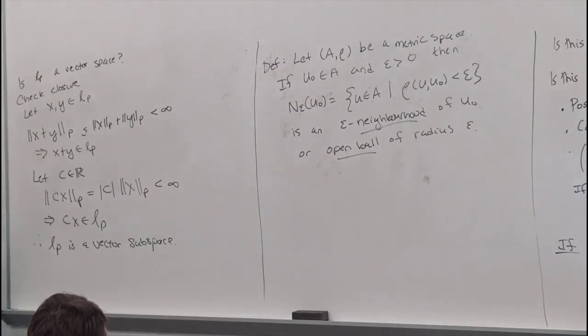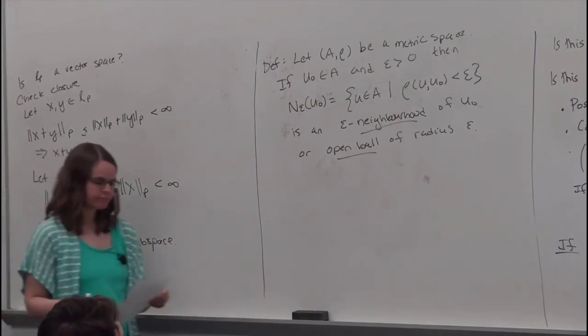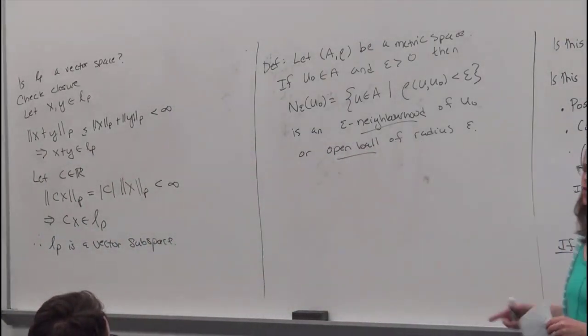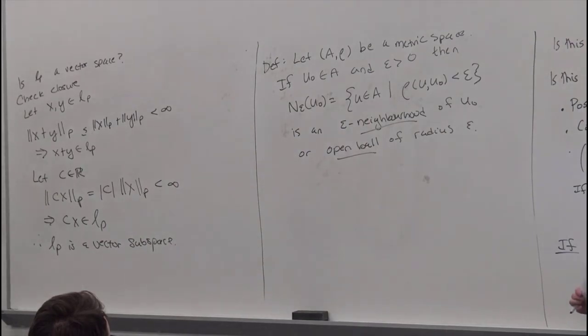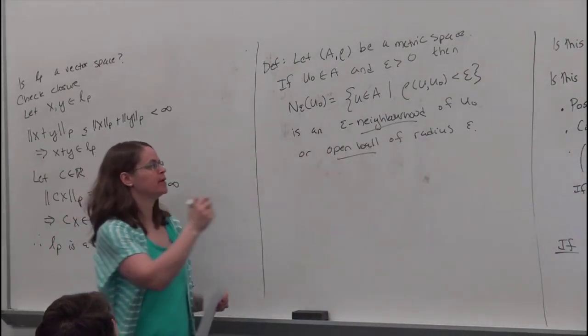All right, once we know what a neighborhood is, we can define open and closed sets, we can define limits, we can do a lot. So let's think about open and closed sets first of all. They're kind of a fundamental thing that would give us some idea of how this whole space is going to behave.